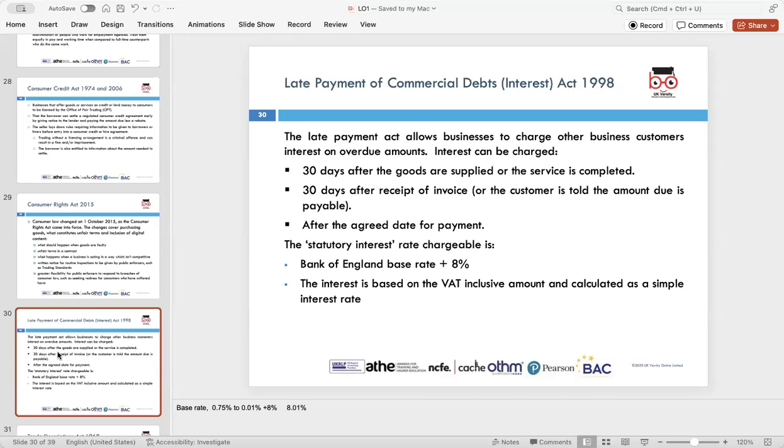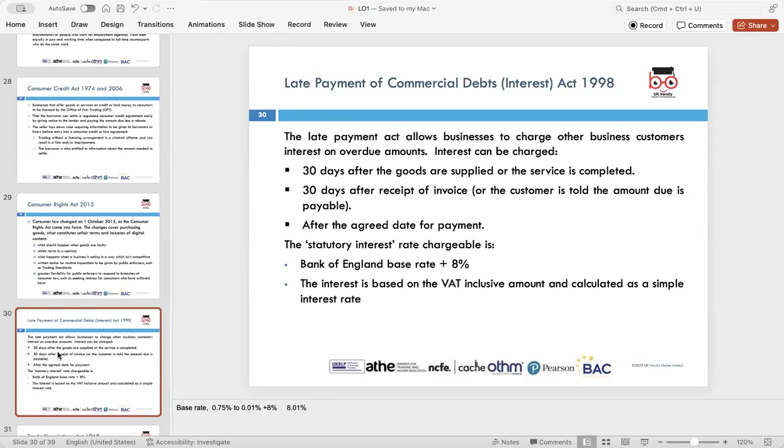This is the possibility of charging interest 30 days after the items have been given or the services have been finished, after the agreed upon date for payment, 30 days from the receipt of the invoice, or the customer has been informed that the amount that is due is payable.